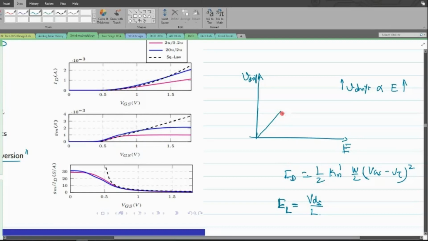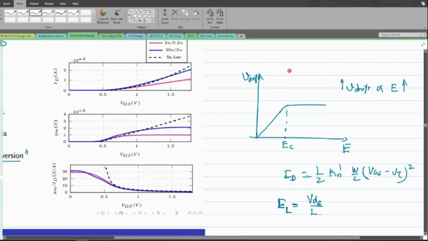The physics, based on quantum mechanics, also plays a major role: the mass of the electron that creates this current also becomes large, and because of this the velocity of the carrier gets saturated. We call this mechanism the velocity saturation effect. There is a particular electric field, which we call the critical electric field, beyond which, when you try to have a larger electric field, the velocity of the carrier becomes saturated.